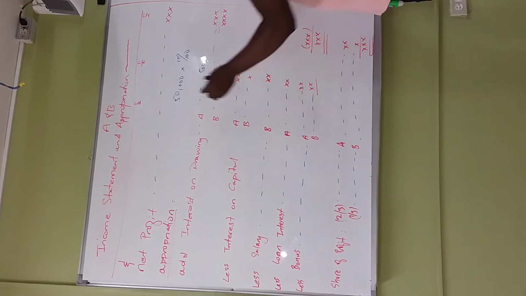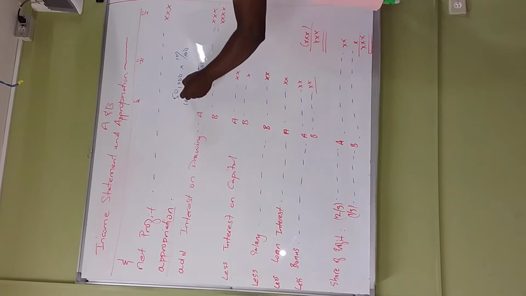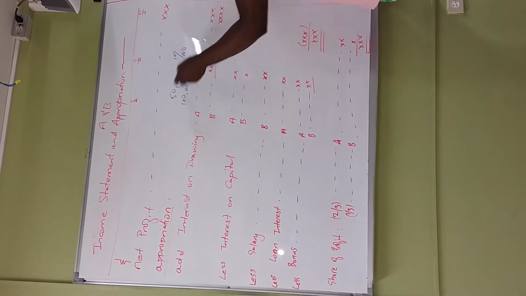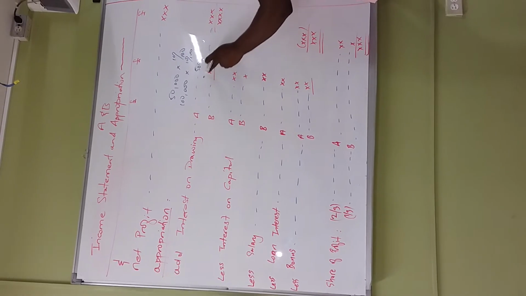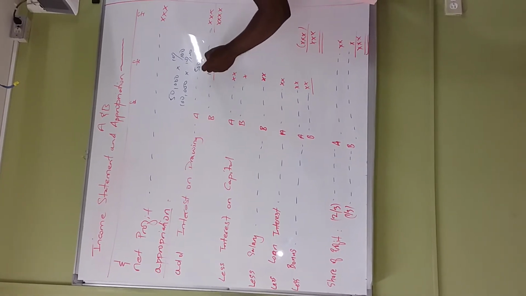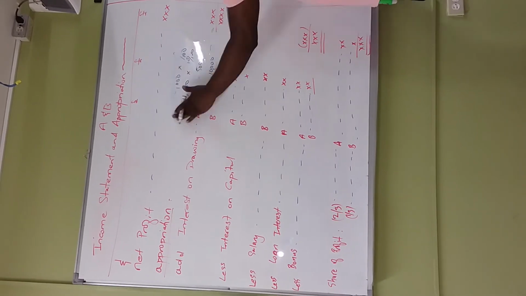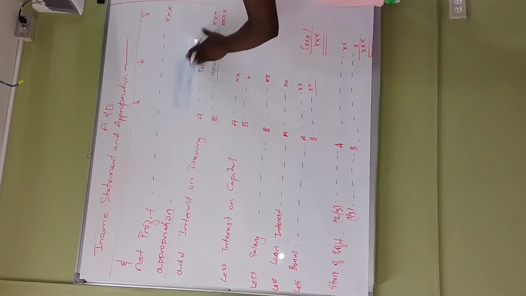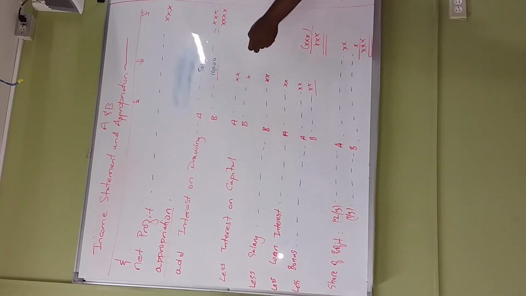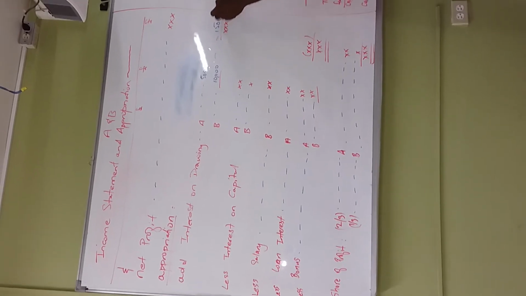Partner B, if we assume that the drawings they take out of the business in the course of the year was say 100,000, then 10% of 100,000 would have given us 10,000. So the total interest that is charged for both partners would have been $15,000, and that $15,000 would have been recorded here.